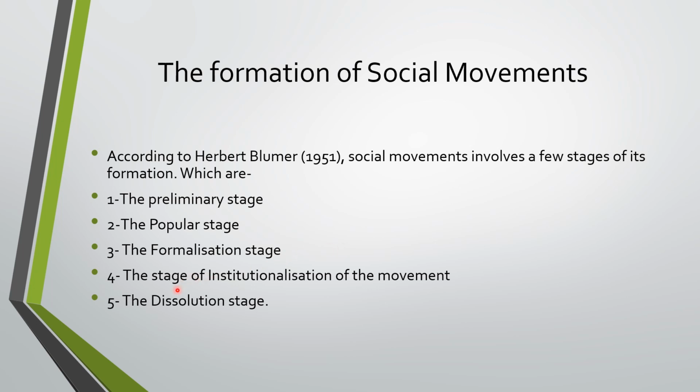The next stage is the stage of institutionalization of the movement. In this stage, if the movement becomes successful, then it destroys itself in its last stage of development, when it becomes an institution. At this point, it is no longer collective behavior because it is organized, follows accepted norms of the society, and has replaced its emotional base with the assumption that change will take time.